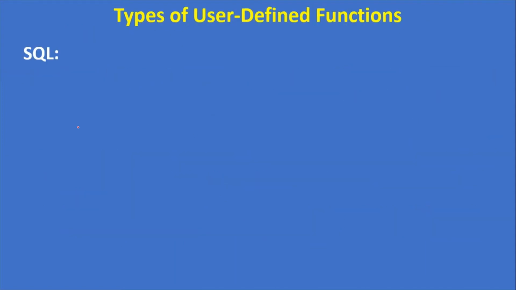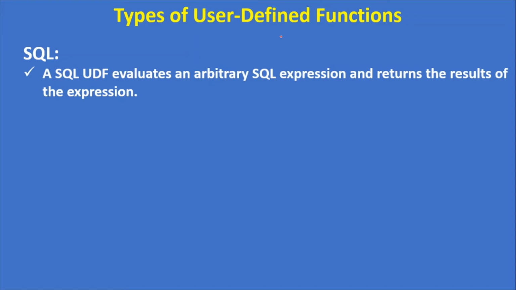As I said, we have two types of user defined functions. One is SQL, another one is JavaScript. Now we will see SQL in detail. A SQL UDF evaluates an arbitrary SQL expression and returns the results of the expression.